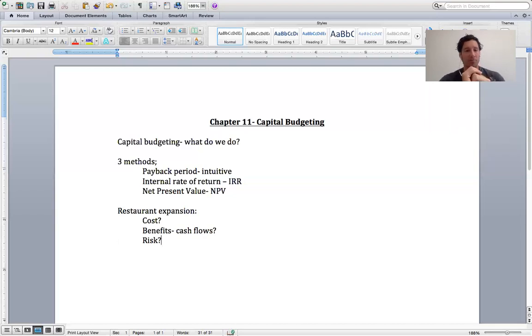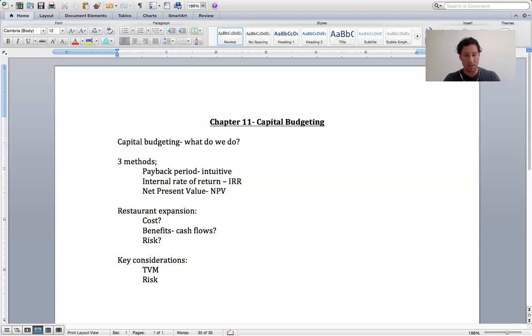Okay, so with these capital budgeting decisions, a few key questions, like for the best techniques, we want to make sure we consider time value of money, right? We know $1 today is not equal to $1 tomorrow, so we want to build that into our analysis. We would also like to consider risk to some extent.